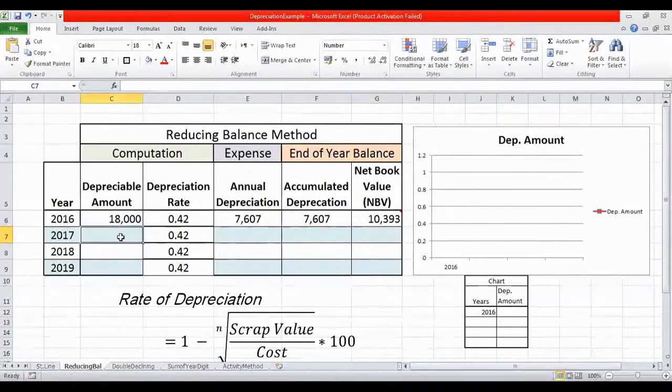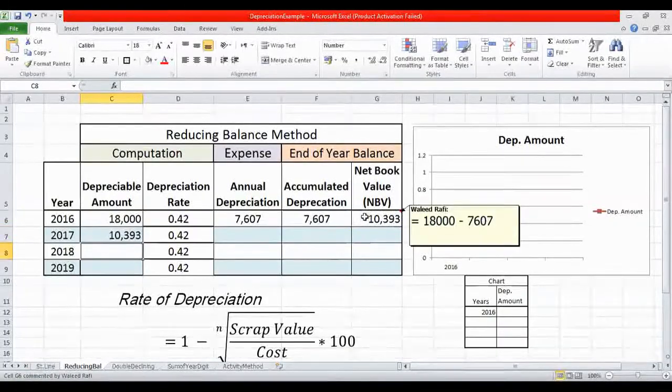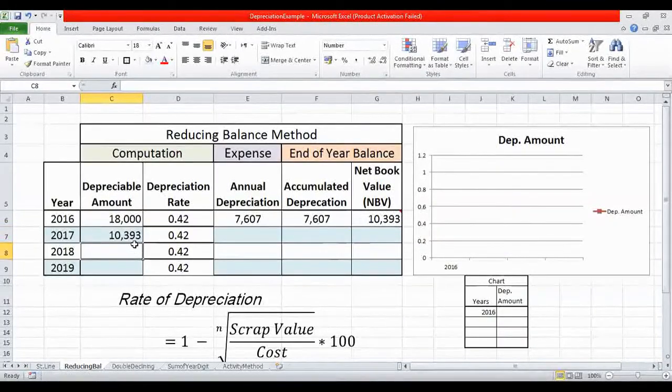Now, in the next year, this closing balance will become our opening balance. This comes over here. We are going to calculate again 42% of 10,339.